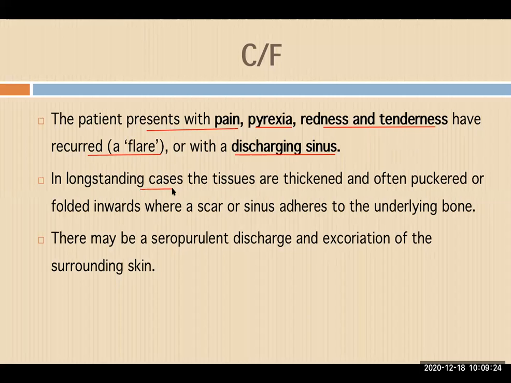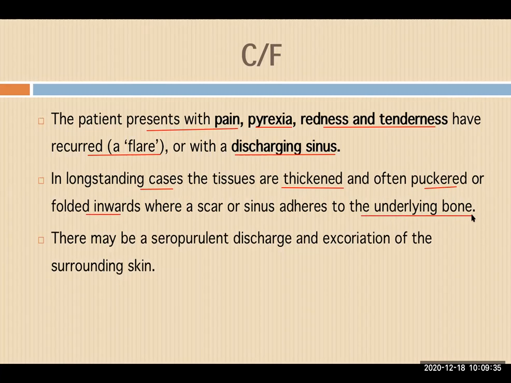In long-standing cases, the tissues are thickened and often puckered or folded inward, where a scar or sinus adheres to the underlying bone. It looks a bit puckered there, as something is deeply attached to the underlying bone. There may be a sinus formation, there may be a scar, because this is a chronic infection.